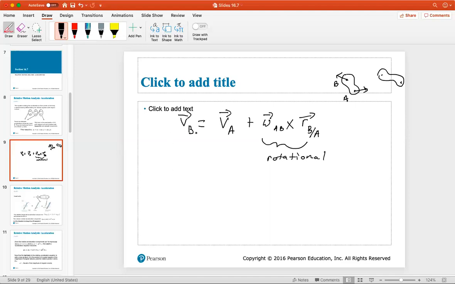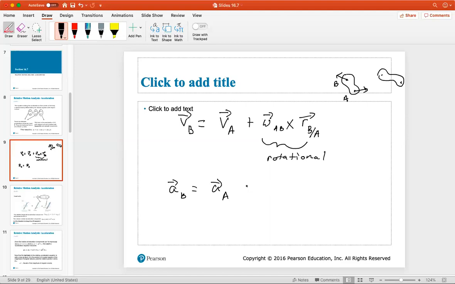So if you take a time derivative of this whole thing, you're going to get an acceleration of B equals an acceleration of A. That's just the translational component.